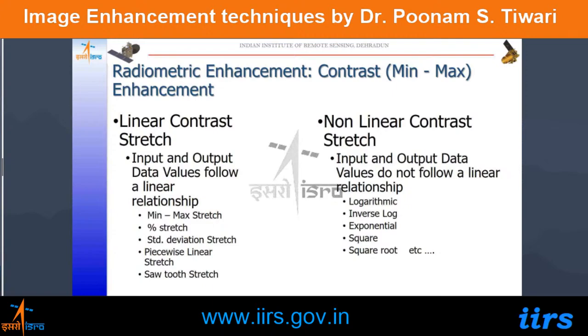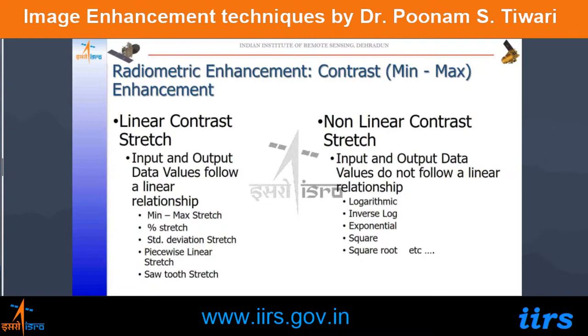The effect is to increase the visual contrast between two areas of different uniform densities. This enables the analyst to discriminate easily between areas initially having a small difference in density.